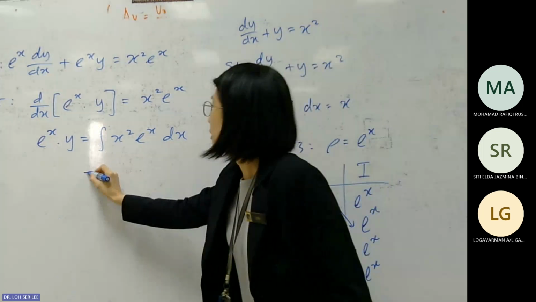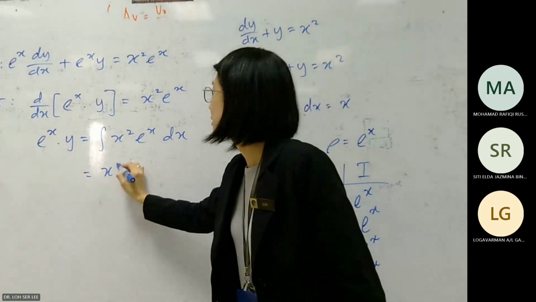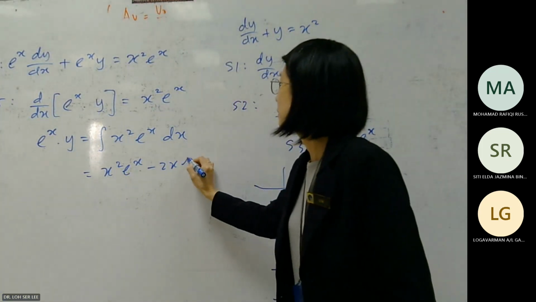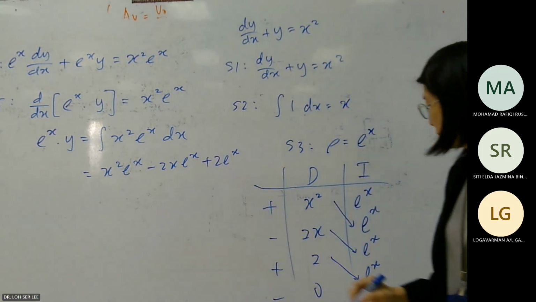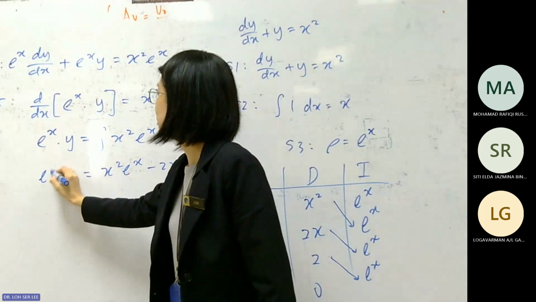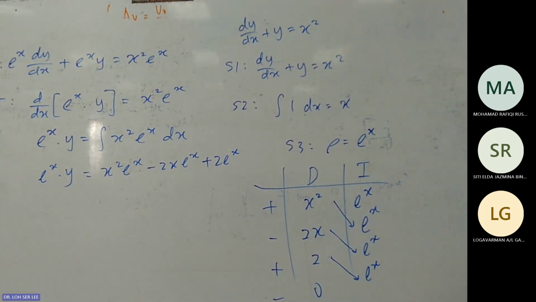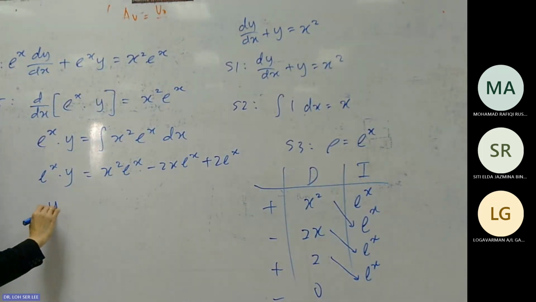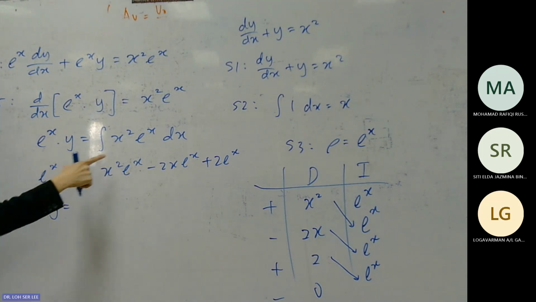So the answer for this is plus x squared e^x, minus 2x e^x, plus 2e^x. Then on the left, no changes. Then we want the solution in y, y in terms of x. So what is your y? x squared minus x squared, you can cancel out the e^x.